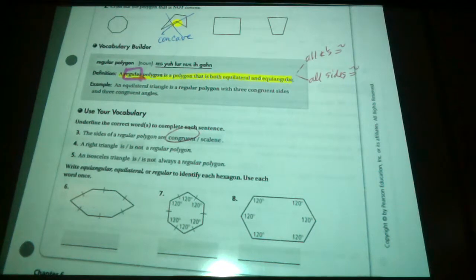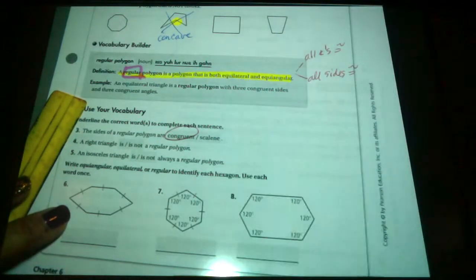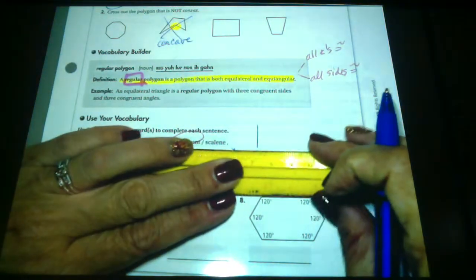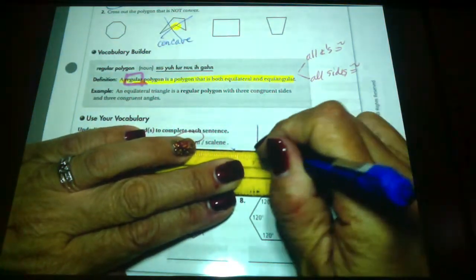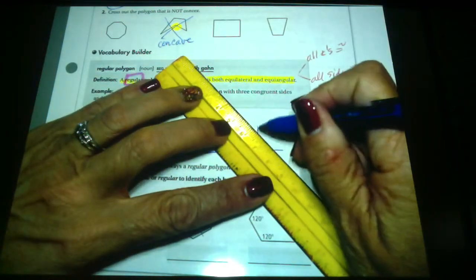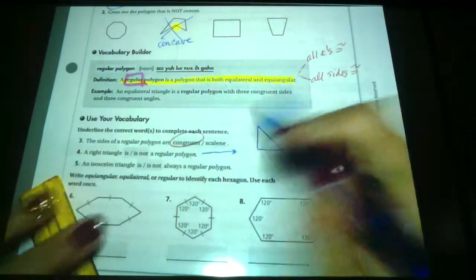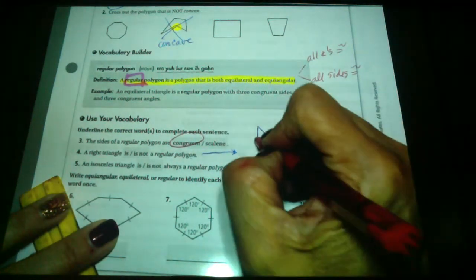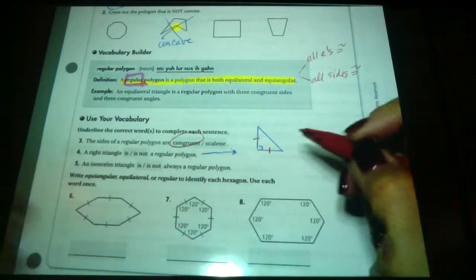A right triangle. Do you think a right triangle is a regular polygon or is not? Can it be or can it not be? Let's think about a right triangle. I'm going to make an isosceles right triangle. There's an isosceles right triangle.